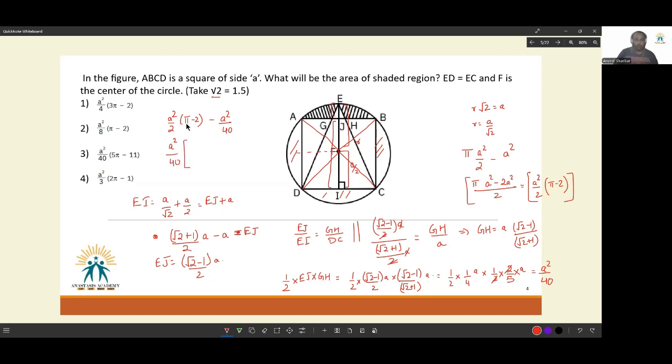I'll be left with how much? 20. I will need to multiply this by 20. So 20 pi minus 40 minus 1. This much. A square.